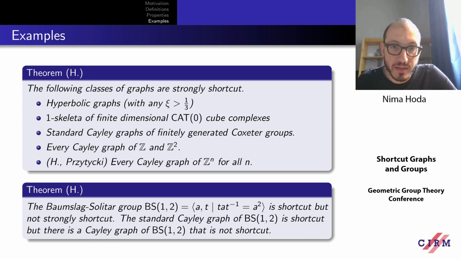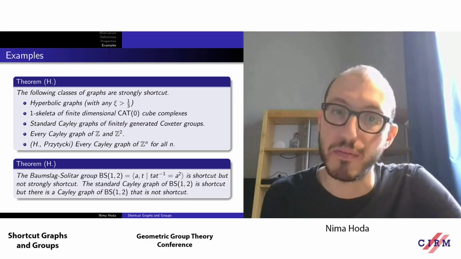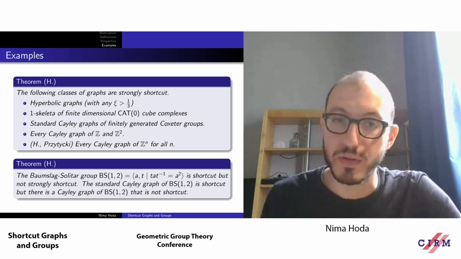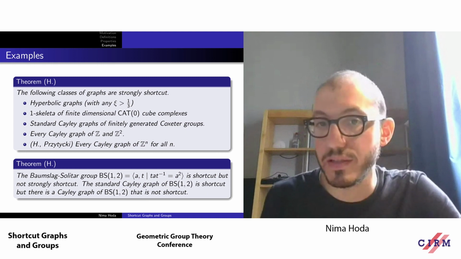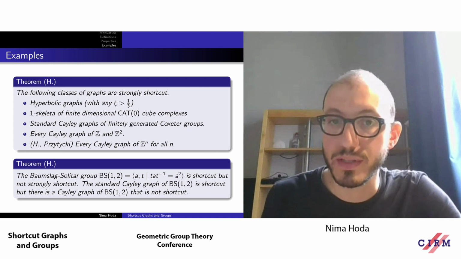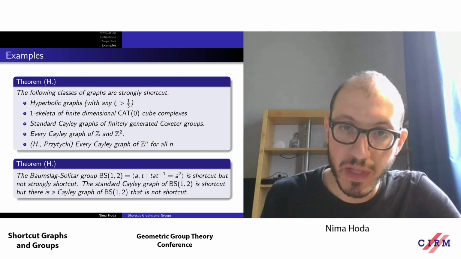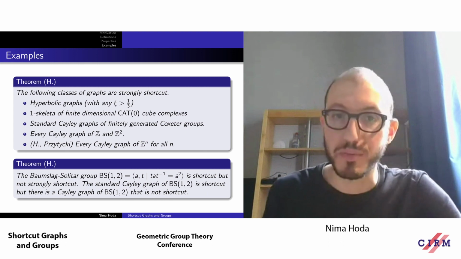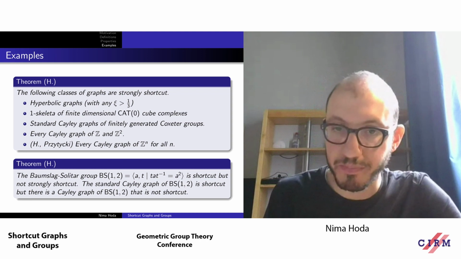Also, the one skeleton of finite dimensional CAT(0) cube complexes are all strongly shortcut. That requires a more involved argument using combinatorics of walls and how the walls interact with distance in the one skeleton, and also some tools from combinatorics like Turán's theorem.